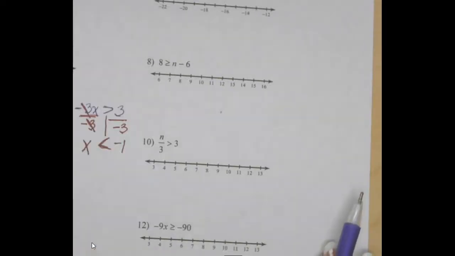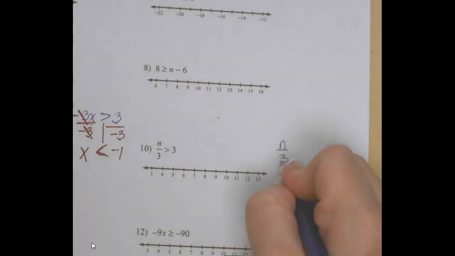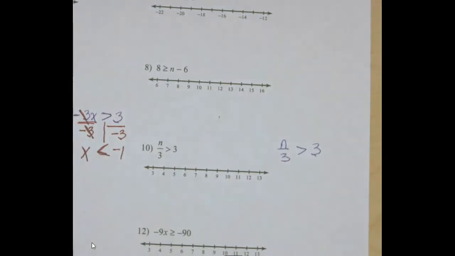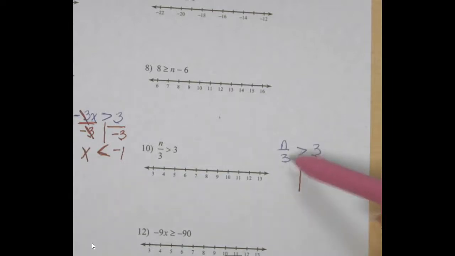So let's look at number 10. Again, I'm going to recopy on this side. I'm going to draw my river. This is n divided by 3 is greater than 3. To solve this, we need to get the n by itself. What is the inverse operation of division?